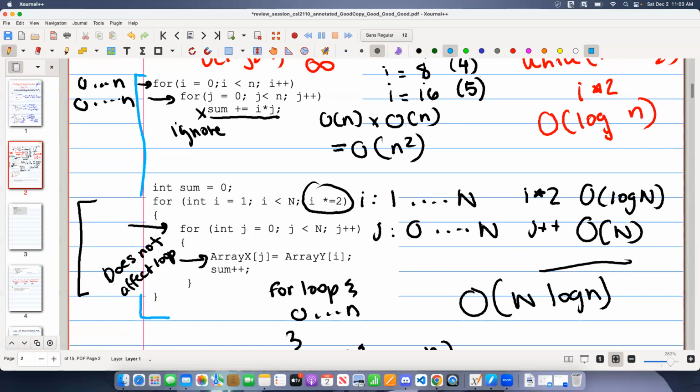You see here, we found that this first code block is O of log n, and this second code block is O of n log n. Well, what's worse out of O of log n and n log n? It's O of n log n. So therefore, you can claim that if you had these two code blocks in one line, its worst case complexity would be O of n log n.